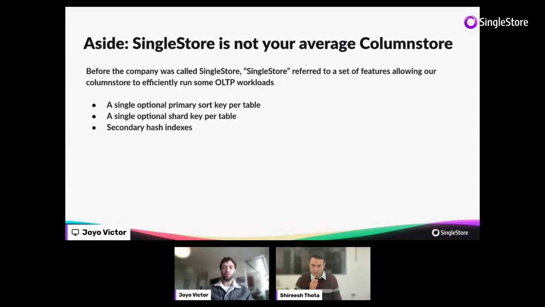But the special thing that SingleStore has is these secondary hash indexes. These are 2-layer indexes that we go into a lot of detail on in the SIGMOD paper that basically let you do really fast point lookups on your column store data, which is crazy. We even have secondary unique hash indexes, so you can do upserts on your column store if you want, depending on how you do it.